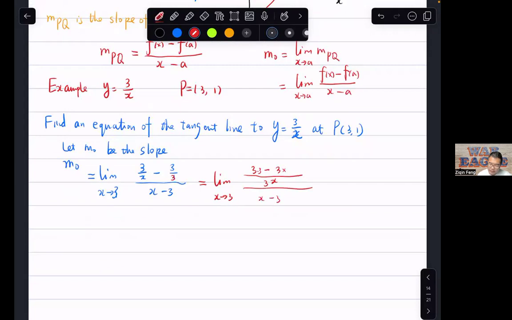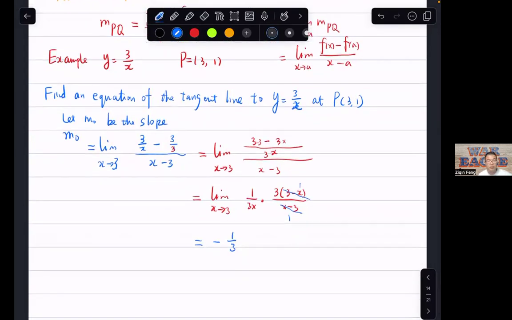Rearranging, this is equal to the limit as x goes to 3 of 1 over 3x times 3 times 3 minus x over x minus 3. We know that you can cancel x minus 3 by putting a negative 1 on the numerator. So the answer is negative 1/3. Then you can plug in 3, because after you cancel the zero factor, you can plug in 3.